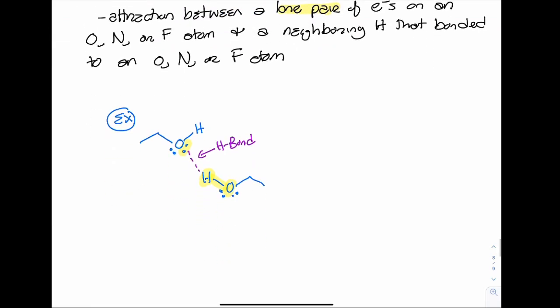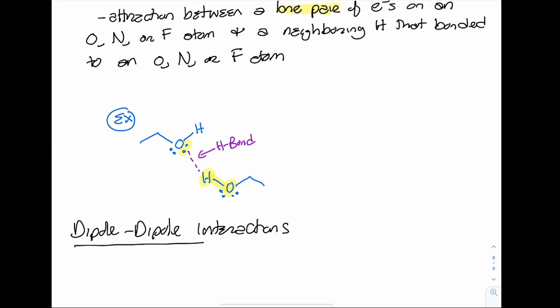Our next one is dipole-dipole interactions. And dipole-dipole interactions exist between polar molecules. It's one of the reasons we needed to review whether a molecule is polar or non-polar, because in order to determine what type of intermolecular forces they have, we need to know that.